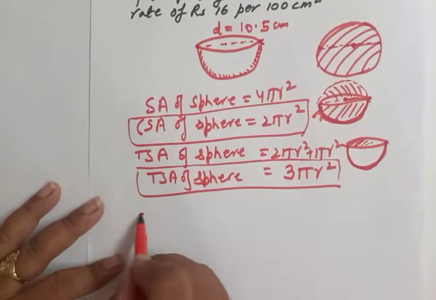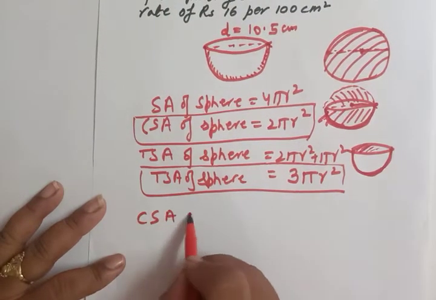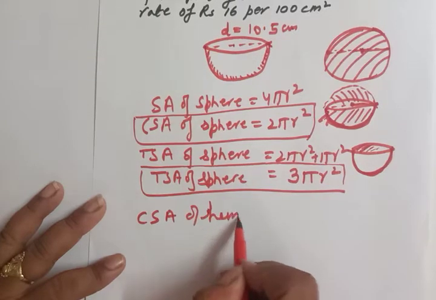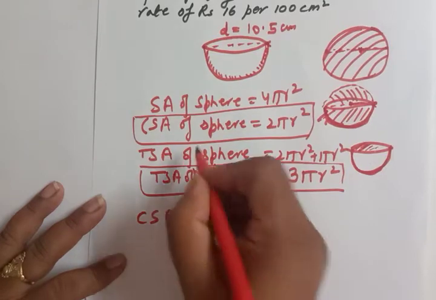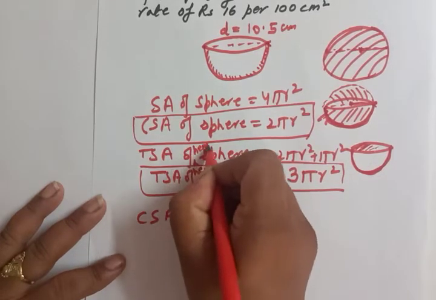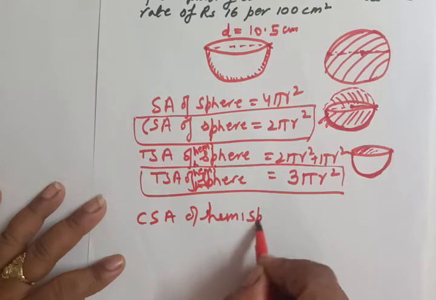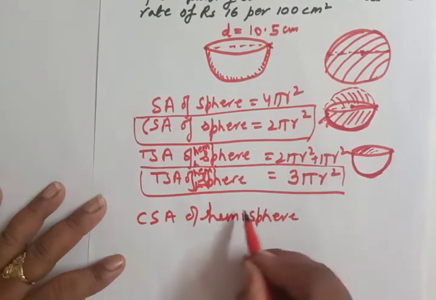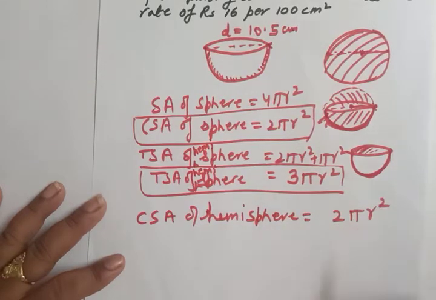First of all, we will deal with the curved surface area. Curved surface area of a hemisphere, sorry, here we need to use hemisphere, is equal to 2 pi r square.